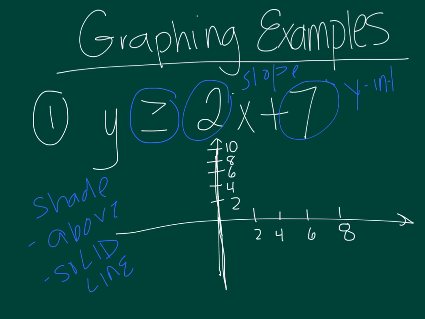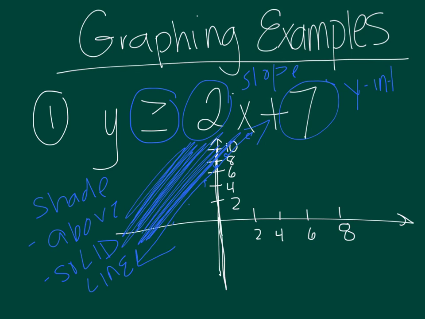So, looking at my y-intercept, I'm going to go to my y-axis and plot a dot. My slope means I'm going to go up to the right one, down to left one, keep with that process. Here's the graph. Since we're shading above, it looks like so. And we're done.